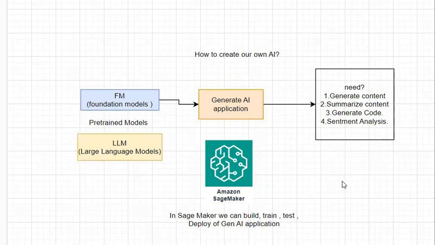So that's what we're going to do in this lab. In this video, I will show you the lab on AWS SageMaker, how to create our own generative AI by using an already available foundational model to fulfill my needs. So like that, we will create a GenAI application in this video.